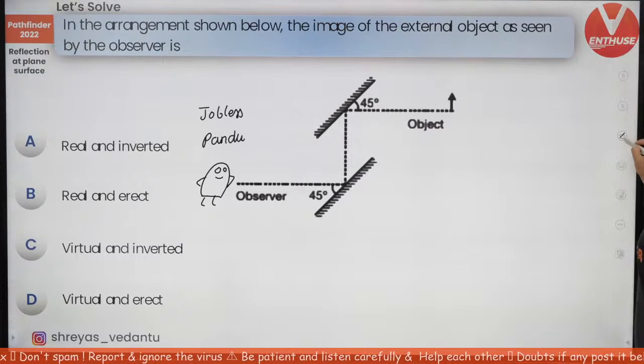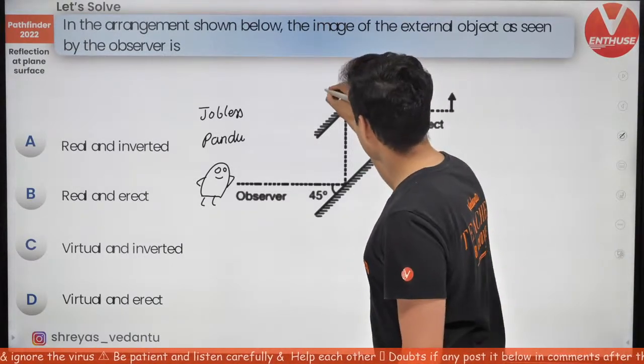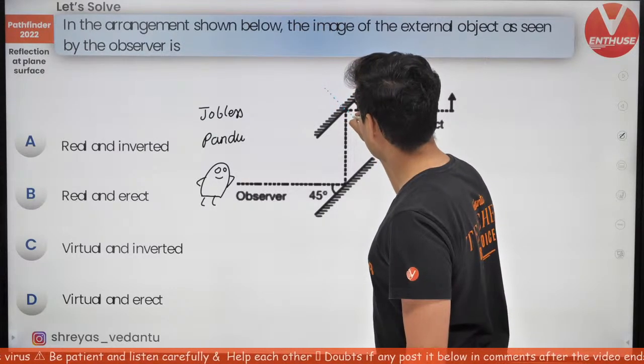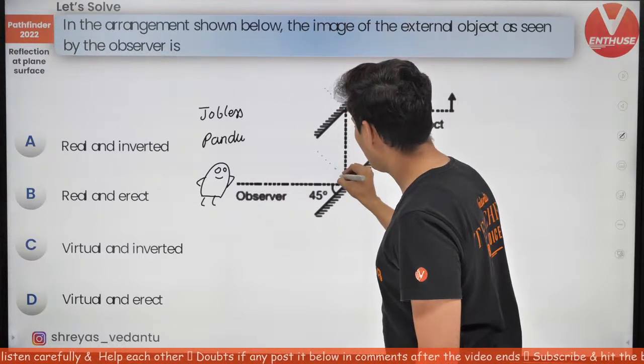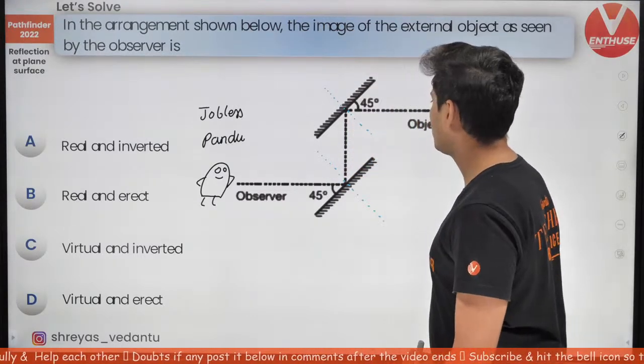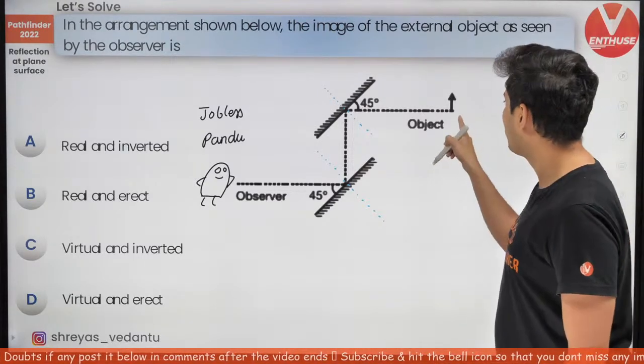I'm going to draw the normals first, because only when I draw the normals do I get a good idea of what is happening. So this is the normal for this, and this is also the normal for this. Now, for the first one, here is what is going to happen.